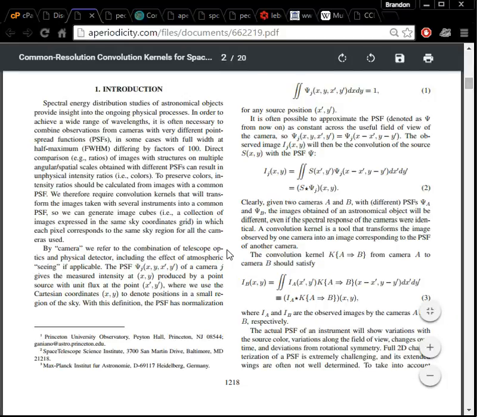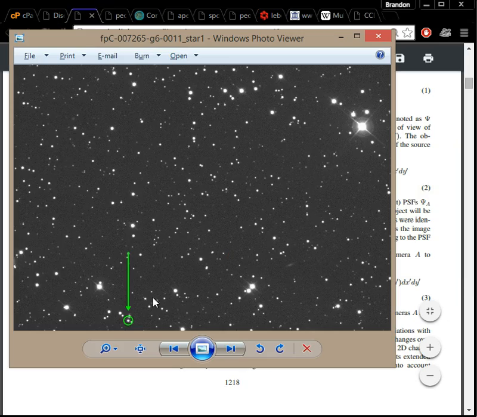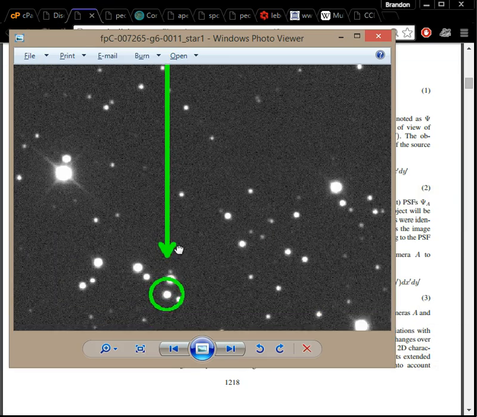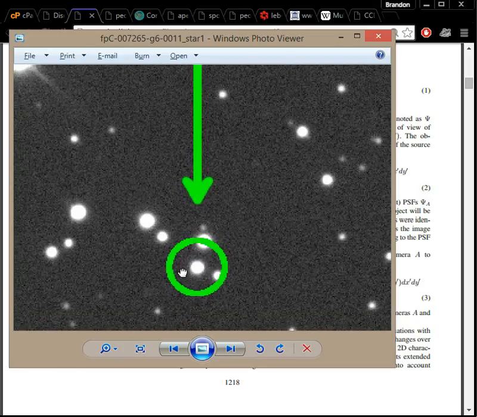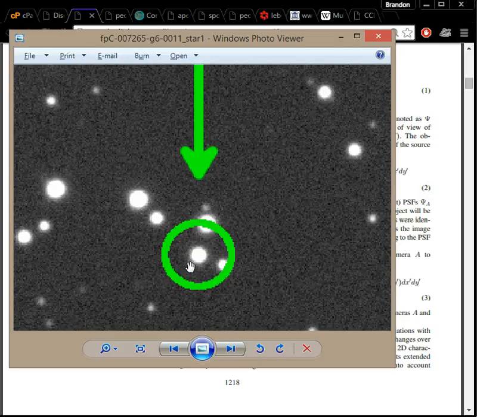And so I'm going to fit a point spread function, a Gaussian point spread function, to this star. I know it's at the edge of the field, but the parameters that you have to arrive at aren't so simple to get, so I'm just going to use what I have.